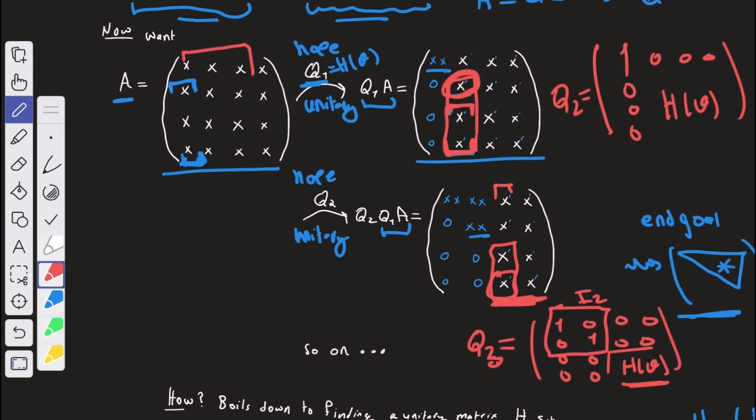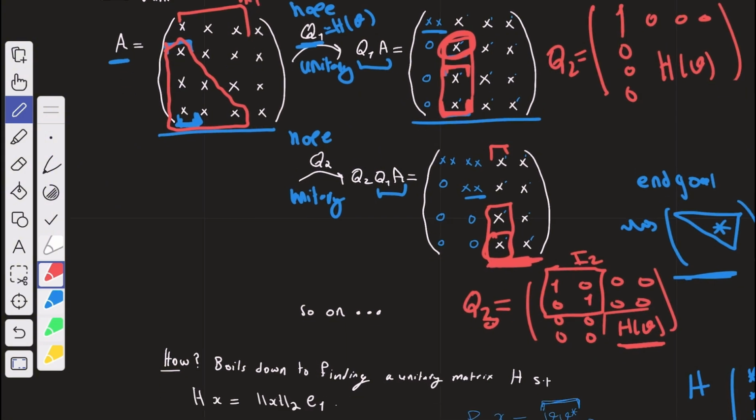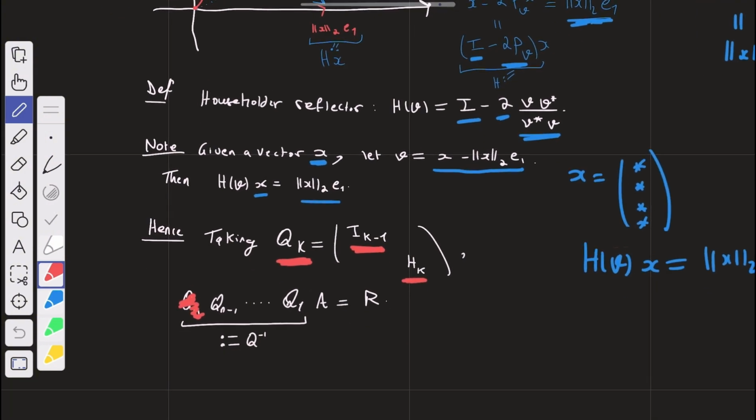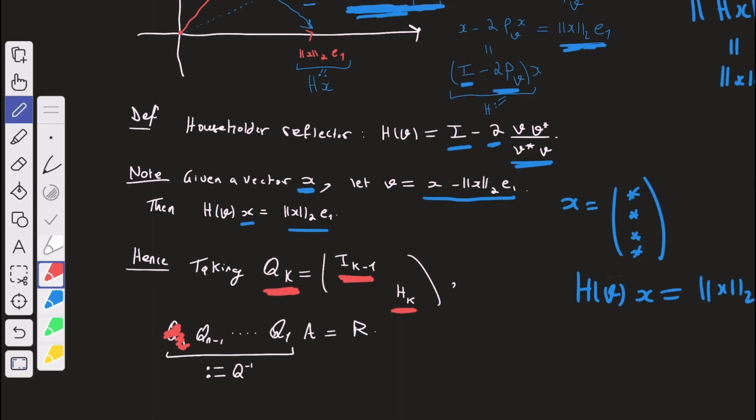So we define n minus 1 unitary matrices, and when we multiply these by A, we get an upper triangular matrix, and this over here will be the definition of our Q inverse, because when we multiply by Q on both sides, we get that A is equal to what? QR.